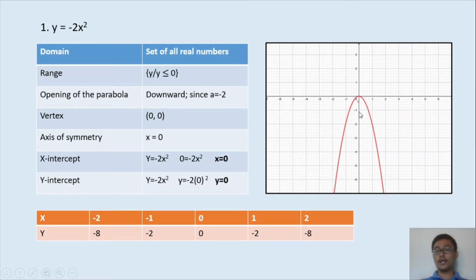Since the graph is downward. Okay? So, that is how we graph quadratic function. So, this is our first example.